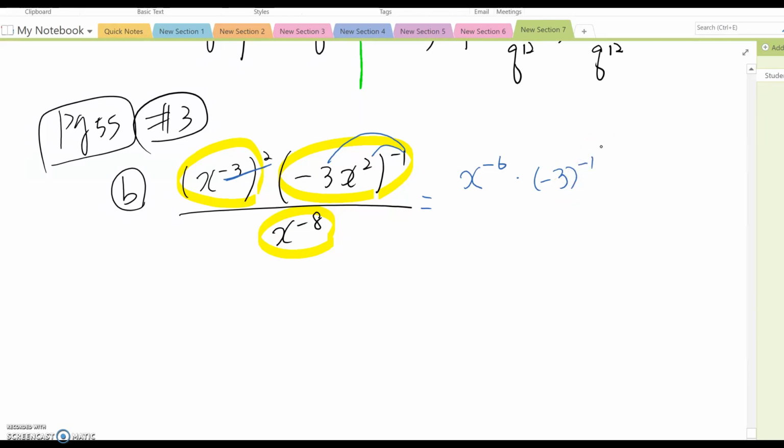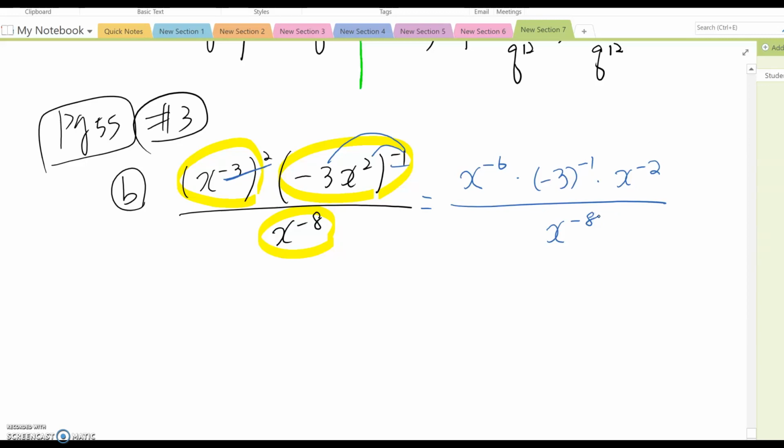Some of you may think negative 3 to the negative 1 power becomes 3. That's not right, because this is the exponent, not a negative number. Okay? And now multiply x^-2 over x^-8.